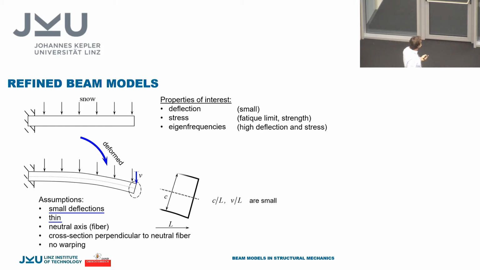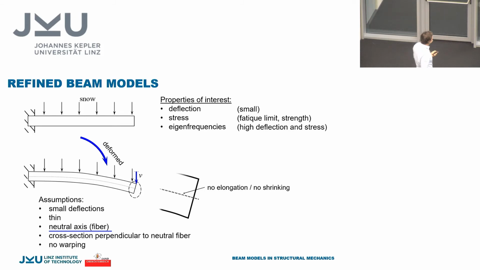So one assumption is that the deflections are small and that the structure is thin. This means that the thickness is very small compared to the length. Then another thing is that if you take a look at this picture, you see that the upper fibers become longer and the lower fibers will be shorter, and there will be a so-called neutral fiber where there's no deformation at all.